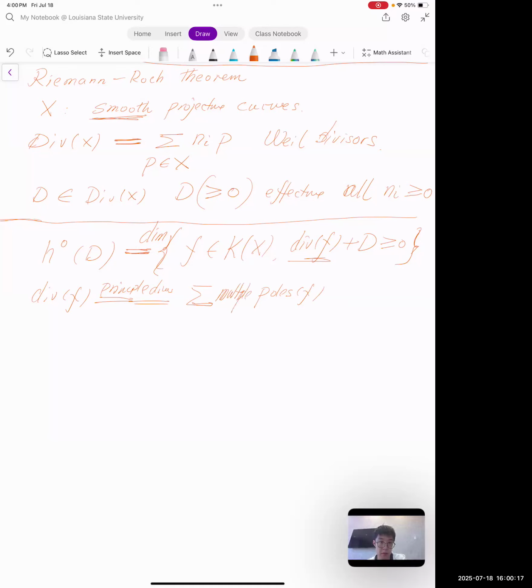Right? If you give me a rational function, I can compute the poles and the zeros on the curve, and I just record these points and the multiplicity. It's positive for a zero, and negative means poles.